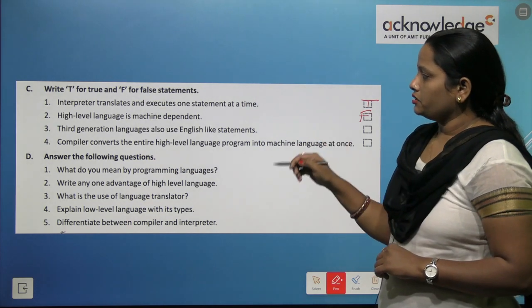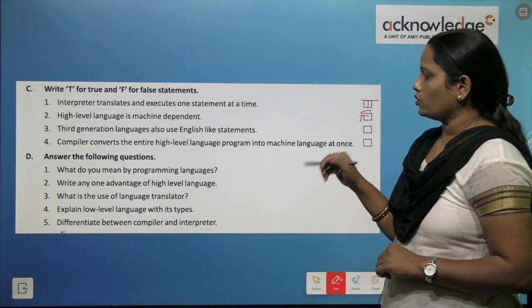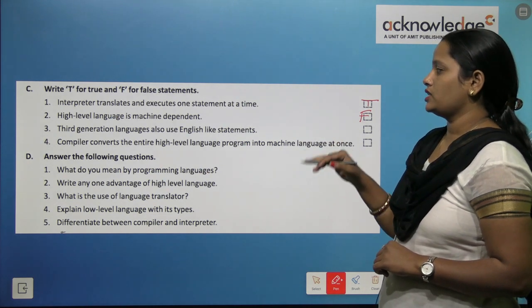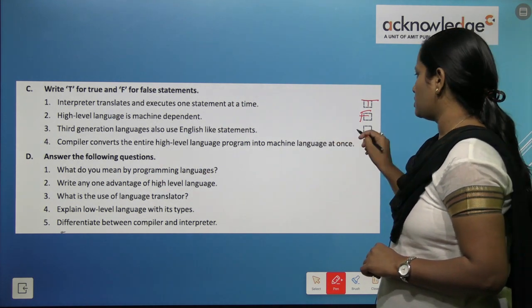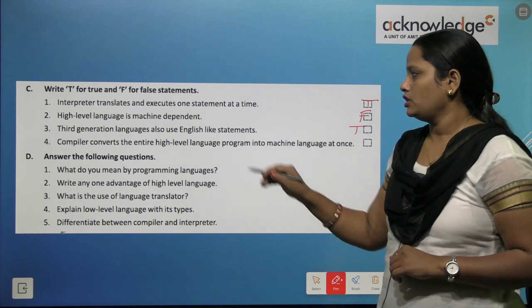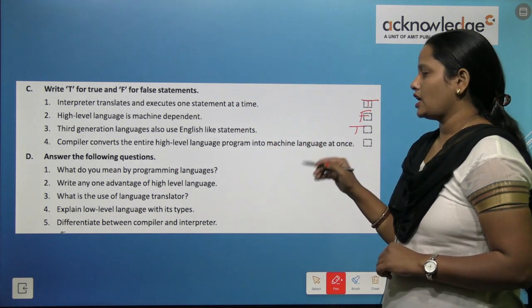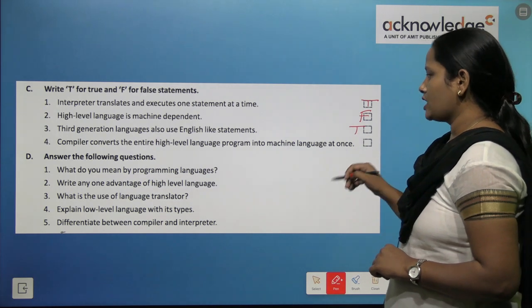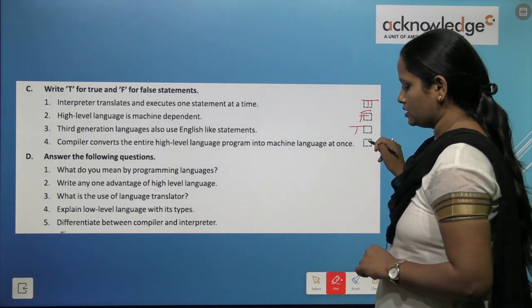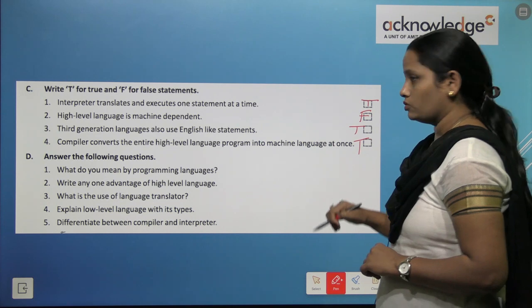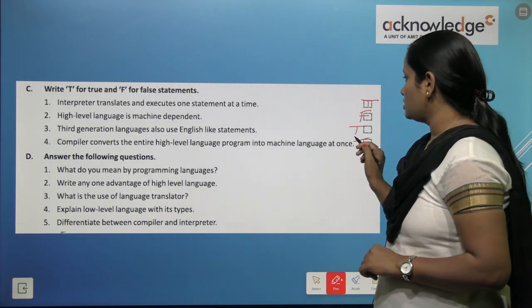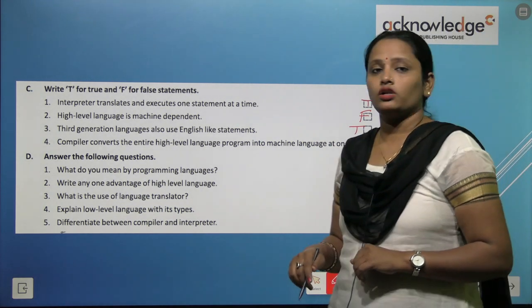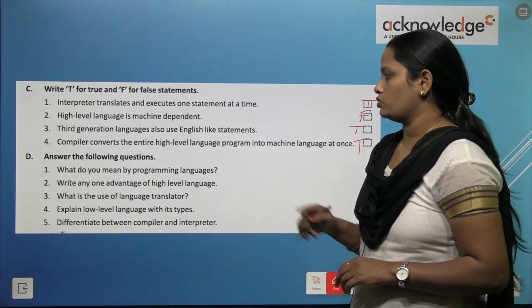Next is third generation language, also known as English, also uses English-like statement. Yes, this is also true. Compiler converts the entire high level language program into machine level language at once. Yes, this is also true. Next is, only second one is false and rest three are true.